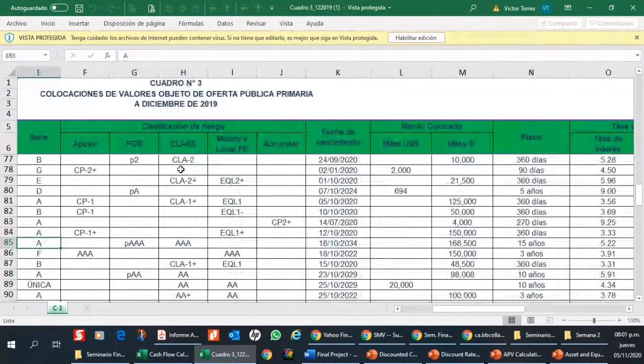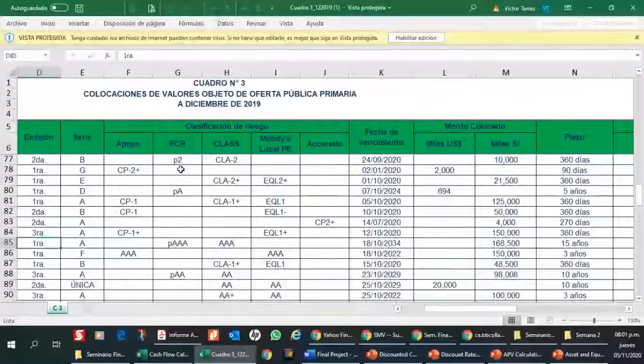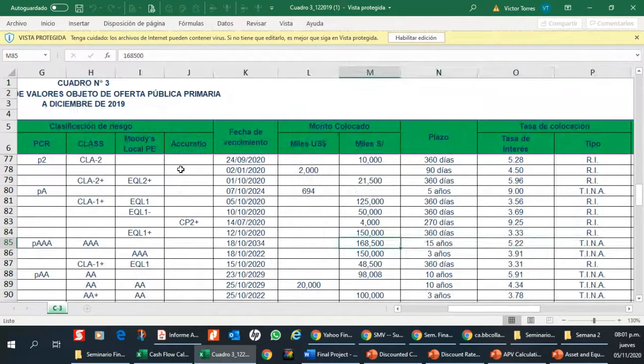If I'm in that same structure as them, if I believe that we are AAA, Statkraft is AAA, right? A AAA company issued 168 million soles in October 2019 for 15 years, and the interest rate was only 5.22, in soles.